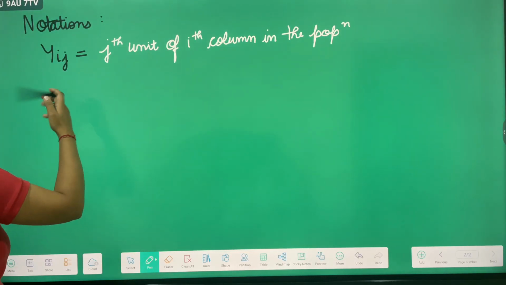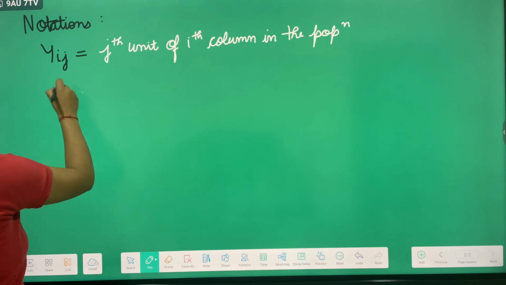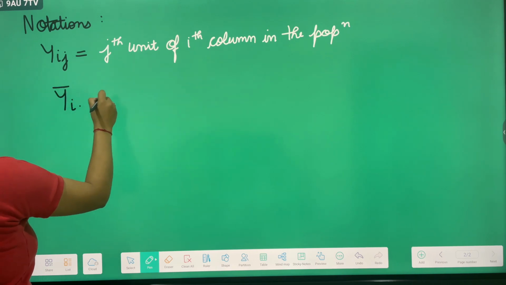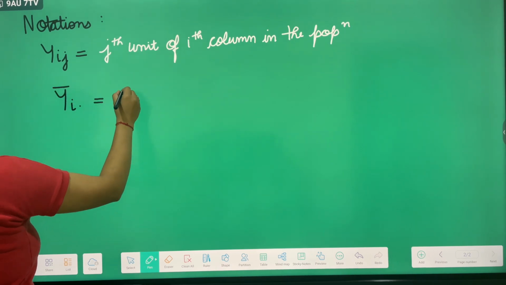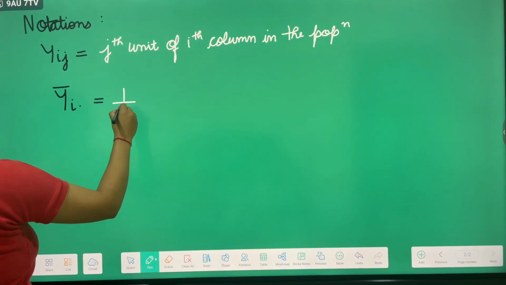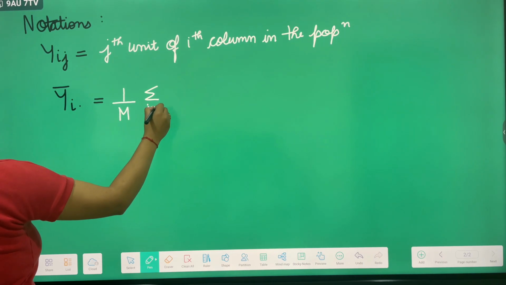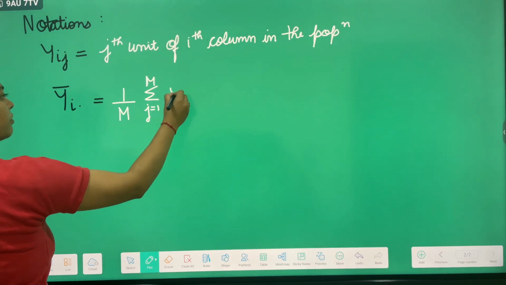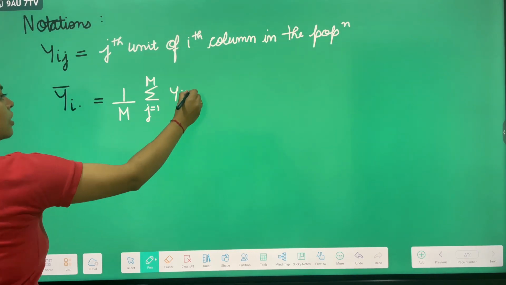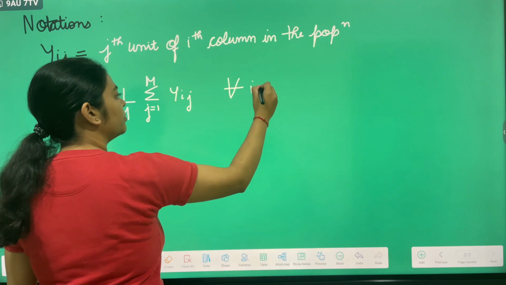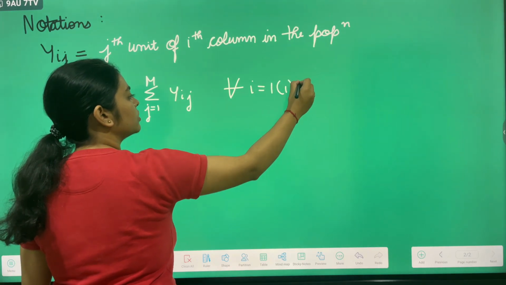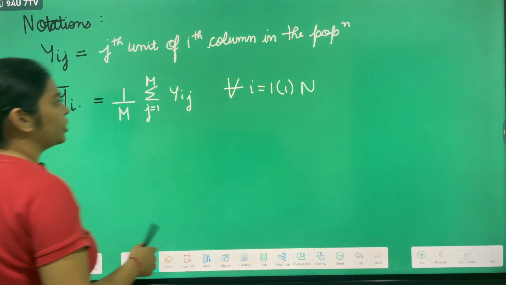So we can write y bar i dot as 1 upon m summation j goes from 1 to m Yij, for all i from 1 to n. We have changed m and n here.